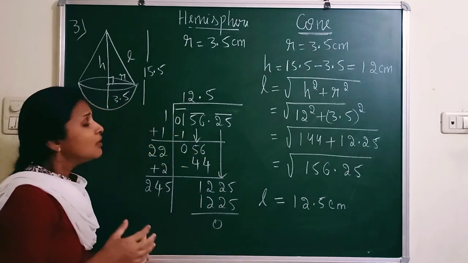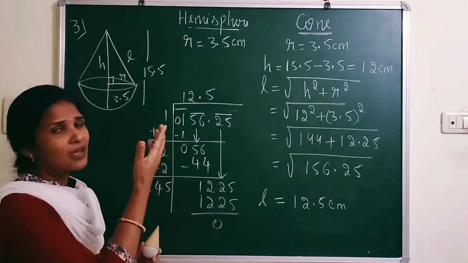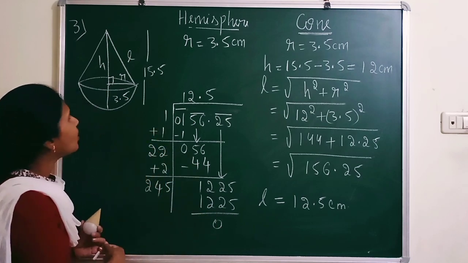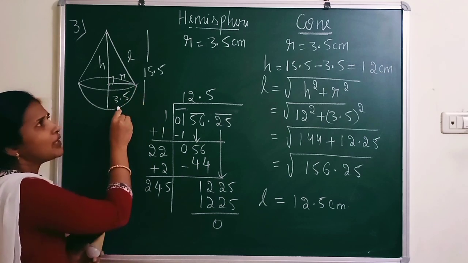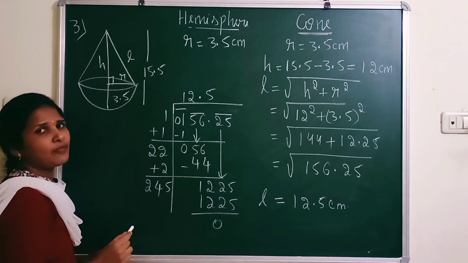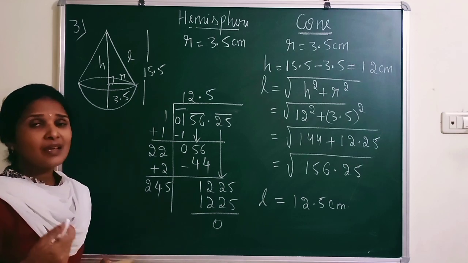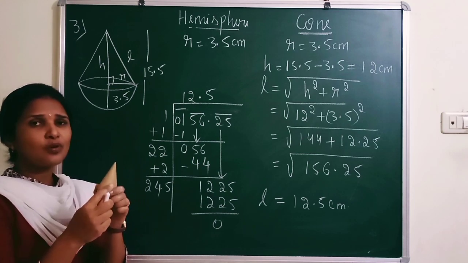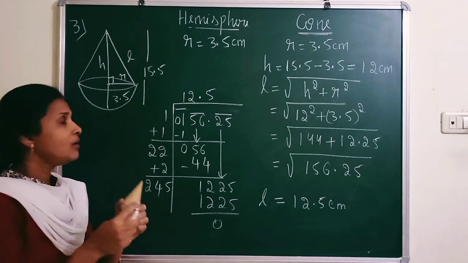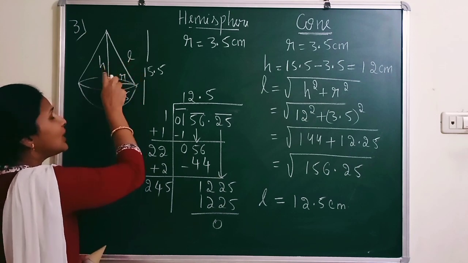Now, for finding the area, we need some variables like radius and height. For the hemisphere, the radius is already given as 3.5 centimeter. And as you know, the cone radius is also 3.5, given in the question. To find the CSA of the cone, the formula is pi r L. We only know the radius, we don't know L, we don't know H also.